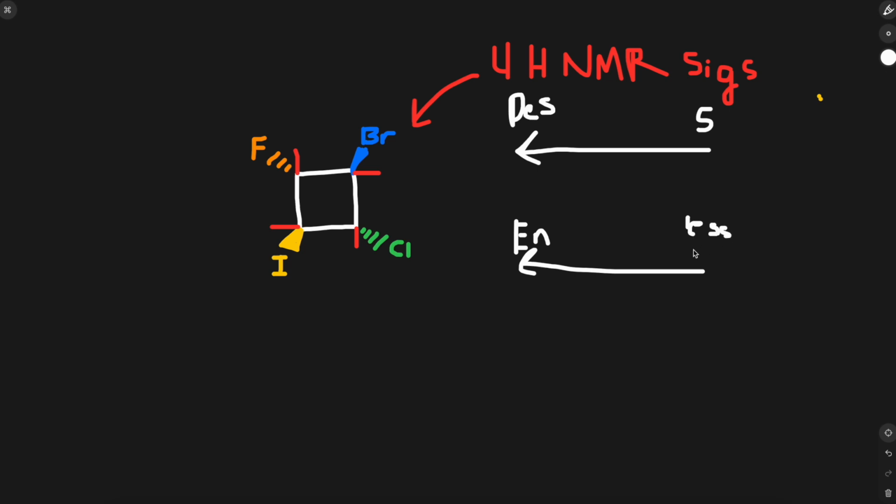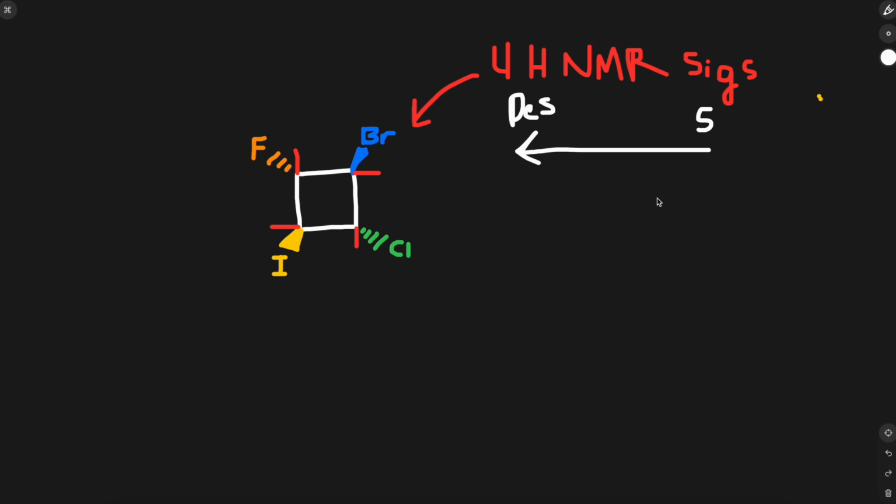Oh my goodness, my handwriting. Anyways, you get the point. If you're more deshielded, you're more electronegative. The least electronegative atom here is iodine. It's the lowest in the group of the halogens. So we know that iodine is giving this hydrogen, relative to the other hydrogens, the most shielding.